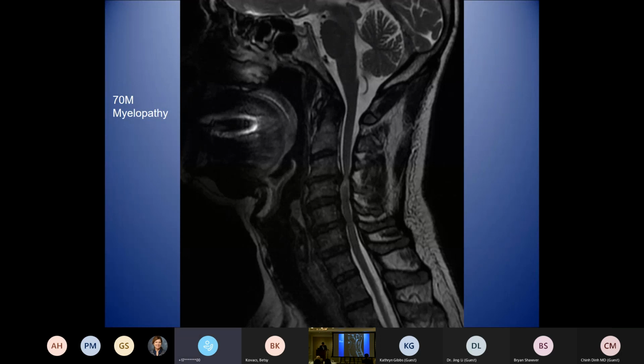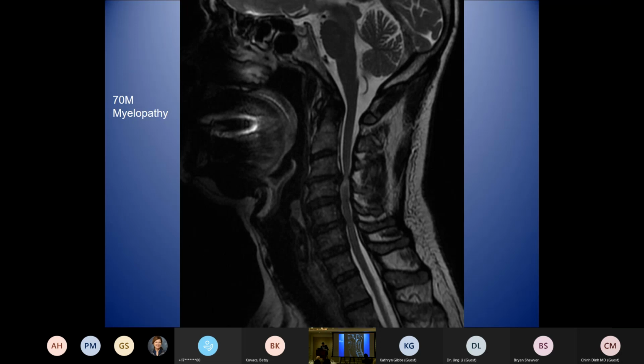So the central canal in the cervical spine is a little bit tighter than what we are typically used to seeing. And what you can appreciate is multi-level spinal cord compression, especially at C3-4, where the canal is very, very tight. There's clear deformation of the spinal cord and some signal change in the spinal cord. Unfortunately, I don't have a pointer that points to here, but what we call gliotic changes. These are a sign of a spinal cord injury that's ongoing.